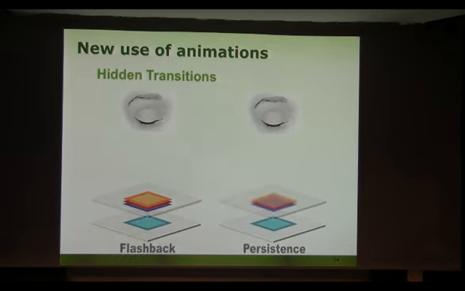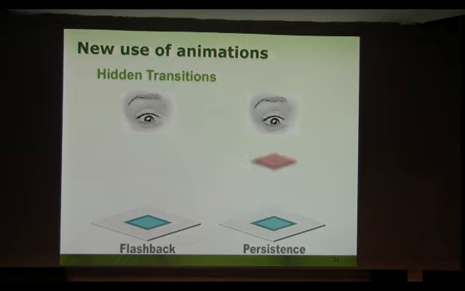And as soon as I come back to my window, either I have a flashback of what happened, so this is what I do with diffamation, where I'm not aware of what changed, but I can replay the changes. Or I can use persistence, that is the afterglow effect, so you have all the changes in the same view, but with some blur effects or whatever, you are aware of what changed and when.